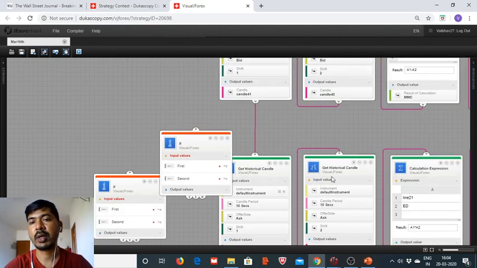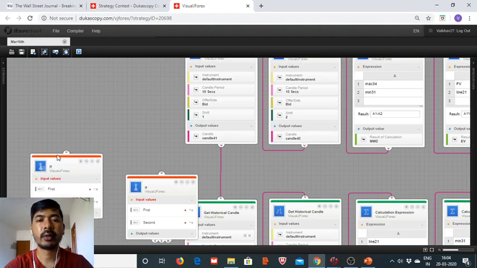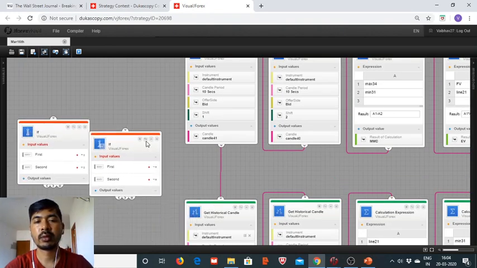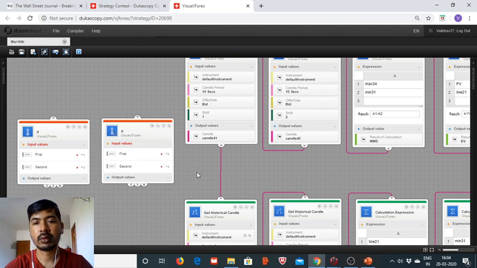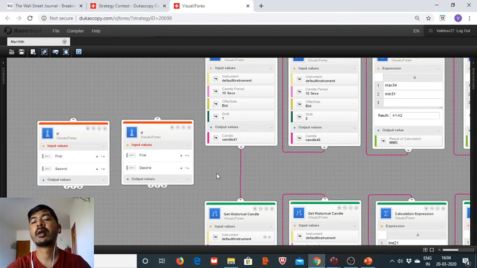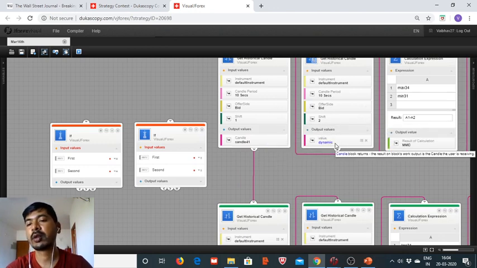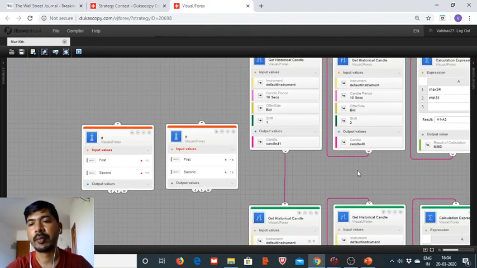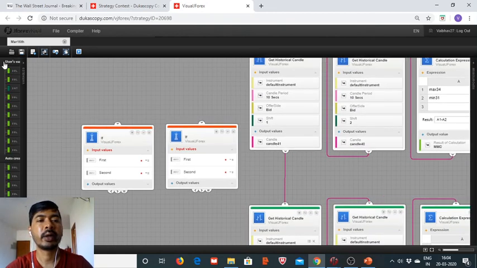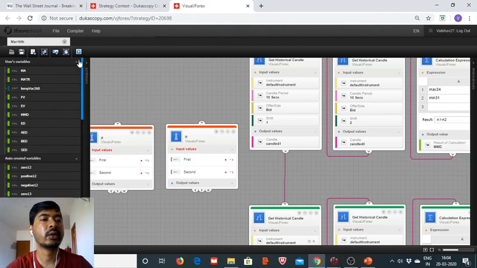So we go to the bid side, and here the shift 1 is candle 41 and the shift 2, that is 2 periods back, is candle 40, and we compare these candles' close, user's variable and auto-created variable.